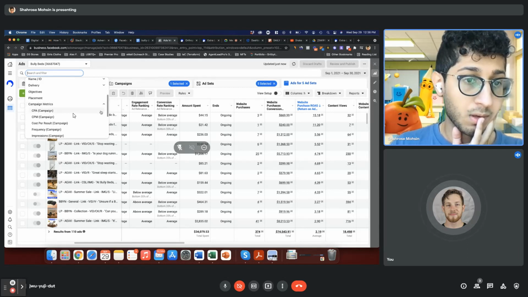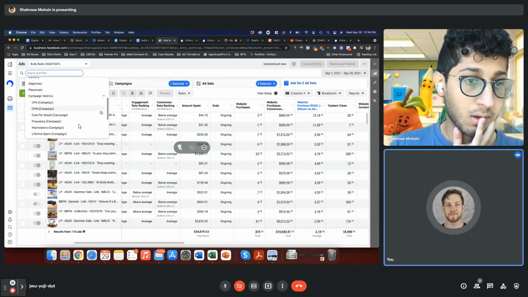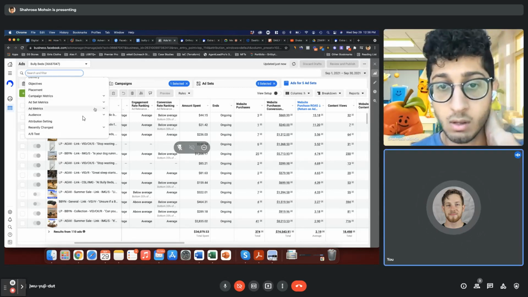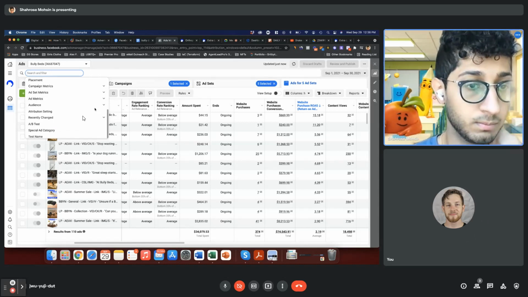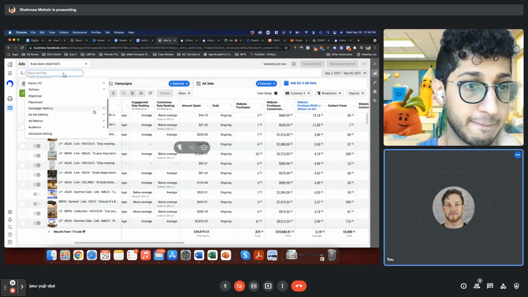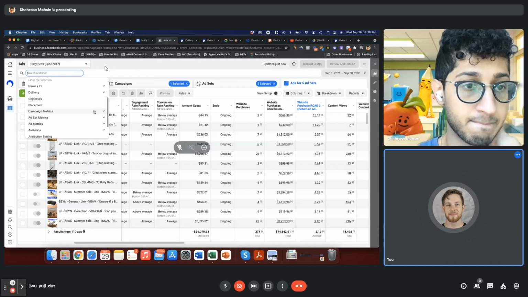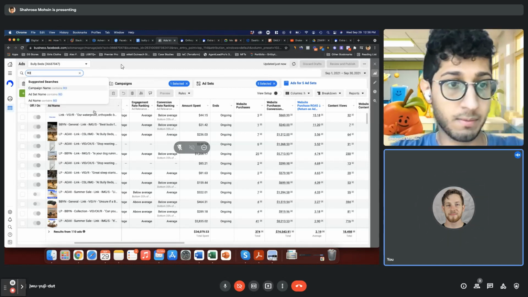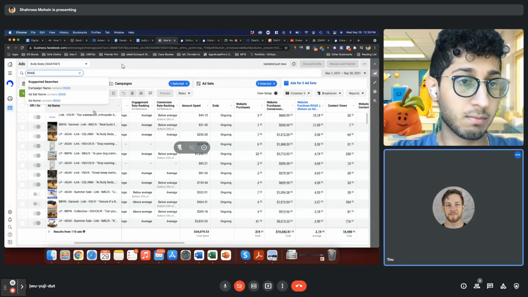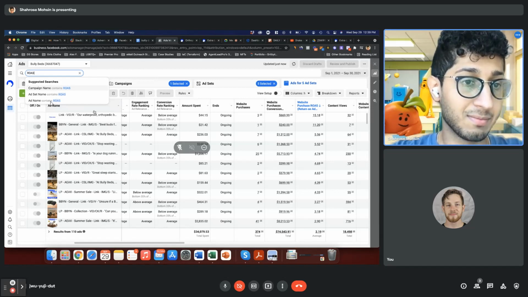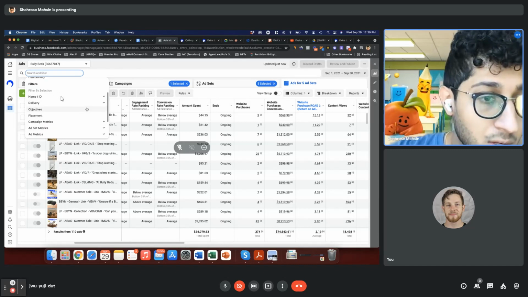Because I want to be under the ad itself, because what we want to do is sort by which ones. Actually, maybe we can just do this. Let's just do ROAS. Type in ROAS in the search bar. Okay. What the heck? Why?